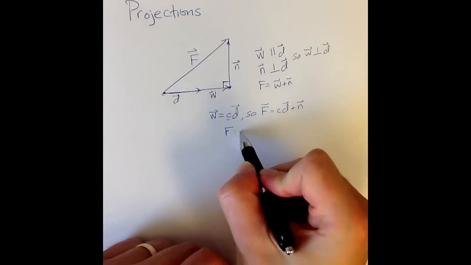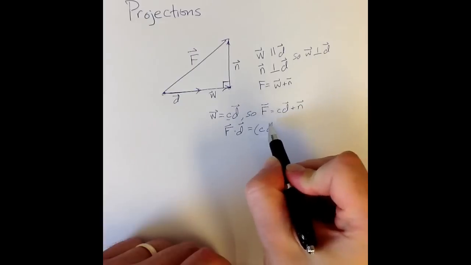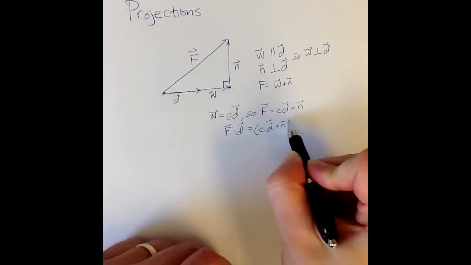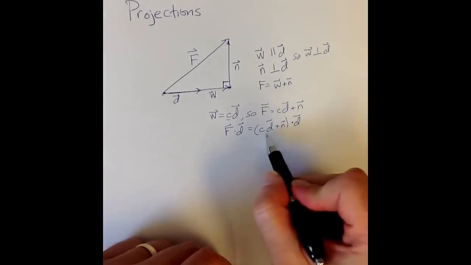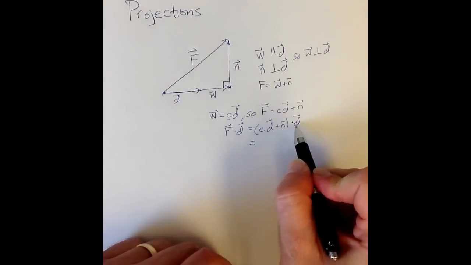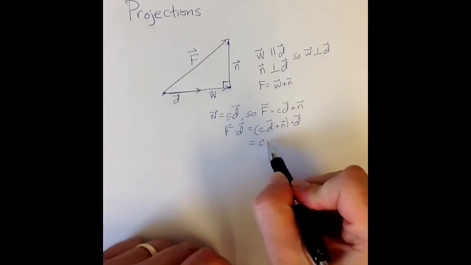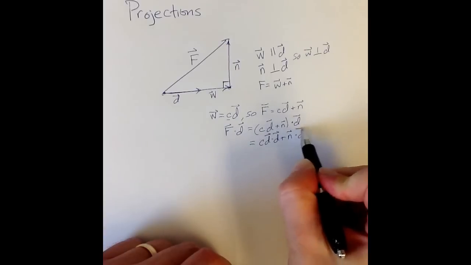f dotted with d is equal to c d plus n dotted with d. The distributive property for the dot product says we can distribute the dot product inside, so we get c times d dotted with d plus n dotted with d.